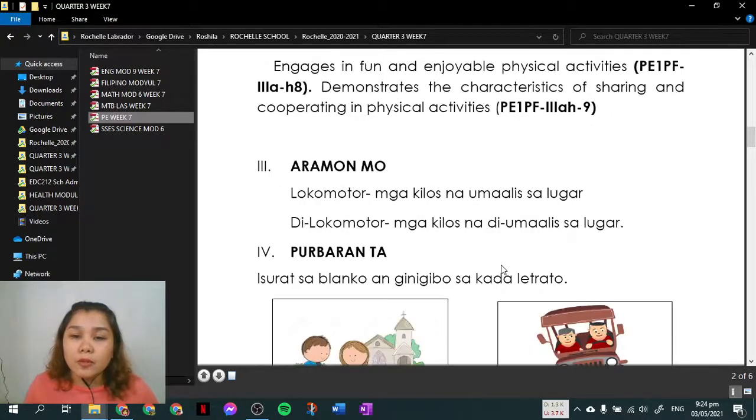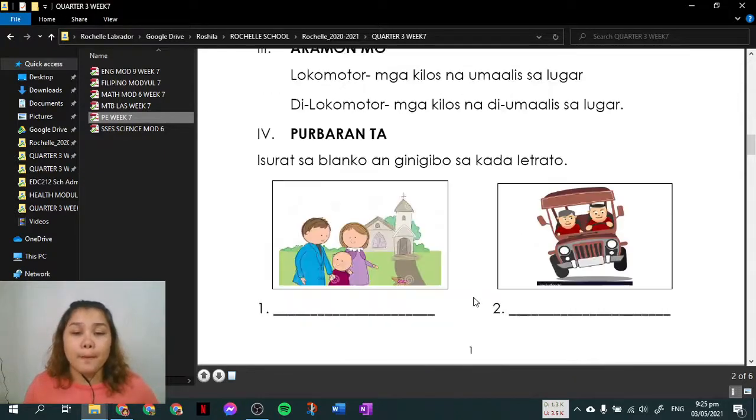But because we're not allowed to meet, it's modular, so let's just recall how we enjoyed the games that we played with our classmates or with our friends outside the home or in kinder at school.